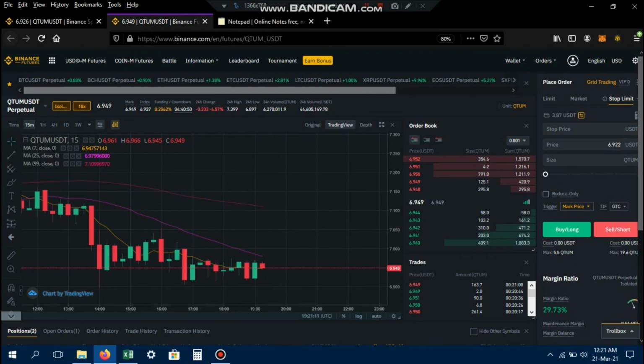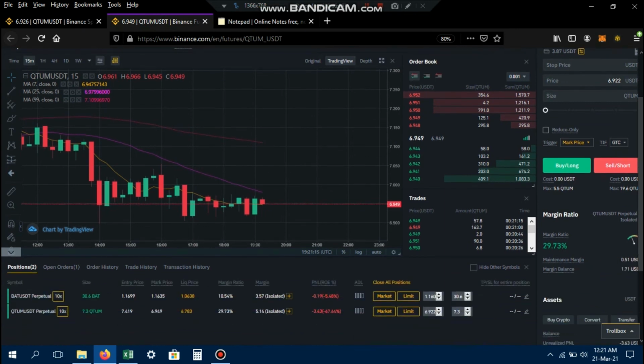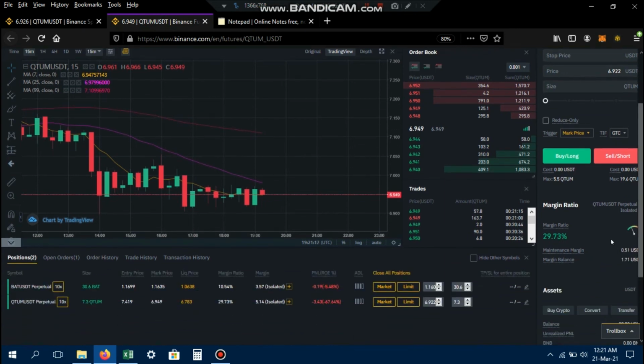No, never do this. In futures trading we have a different way of setting the take profit. As you can see, I have these trades. Over here there is an option, close all positions. If I click market, what will happen? This trade will be sold at the market price.